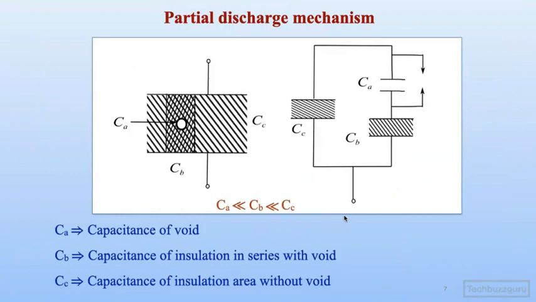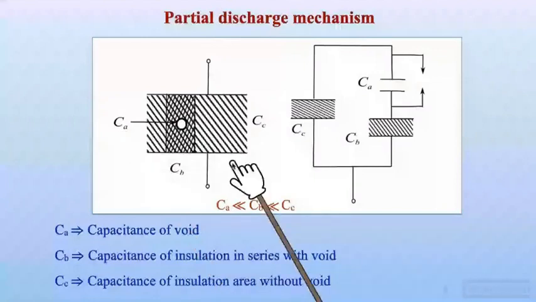Let us see the partial discharge mechanism. You can consider two plane electrodes, and in between there is a sample insulator. This sample insulator consists of a certain amount of void, maybe imperfection. The imperfection is assumed to have capacitance Ca.